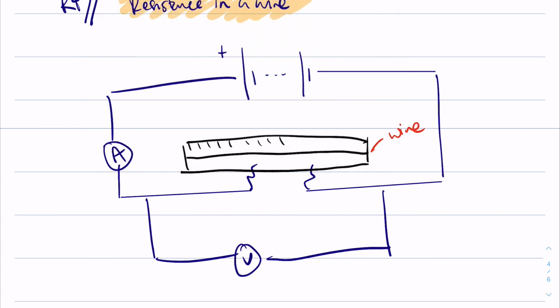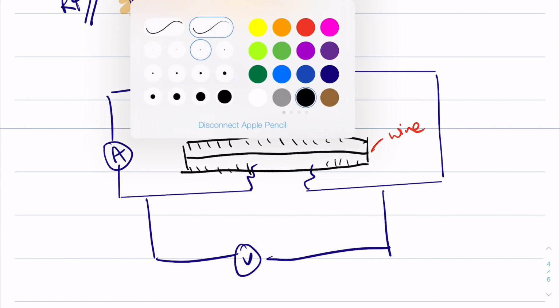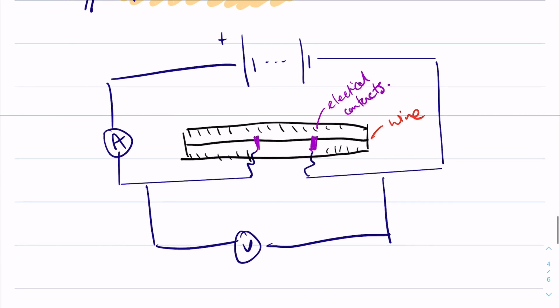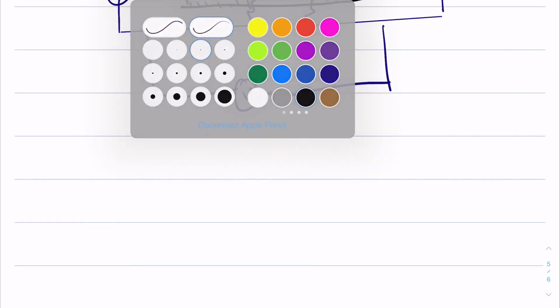Not very pretty, but you'll get the point. These are my two little connectors here, and so I'm going to put these electrical contacts onto my wire, electrical contacts to complete the circuit. And the investigation was that you want to measure the voltage and current as you increase the amount of wire that the electricity has to pass through.